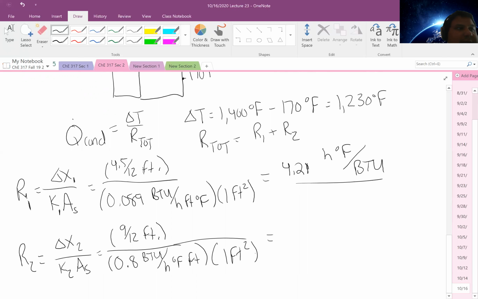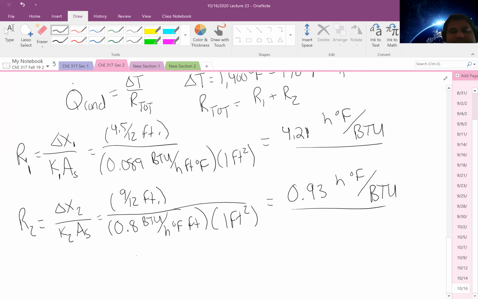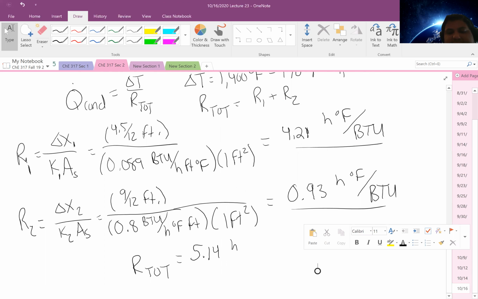This gives me a thermal resistance of approximately 0.93 hours degree Fahrenheit per BTU. Therefore, my total resistance is simply the sum of these two values, which gives me 5.14 hours degree Fahrenheit per BTU.